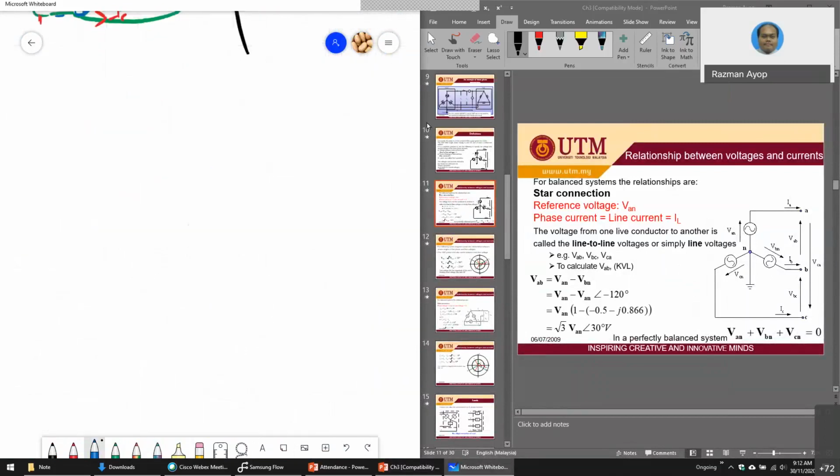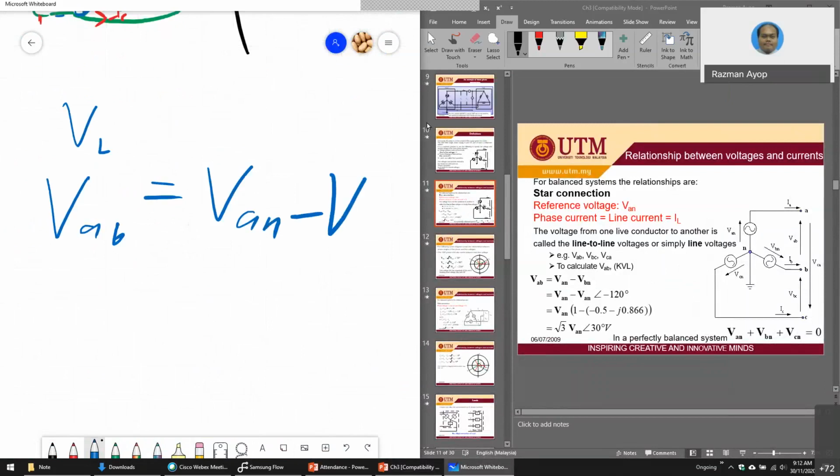You have VAB, which is VL, the line voltage, equals VAN minus VBN.